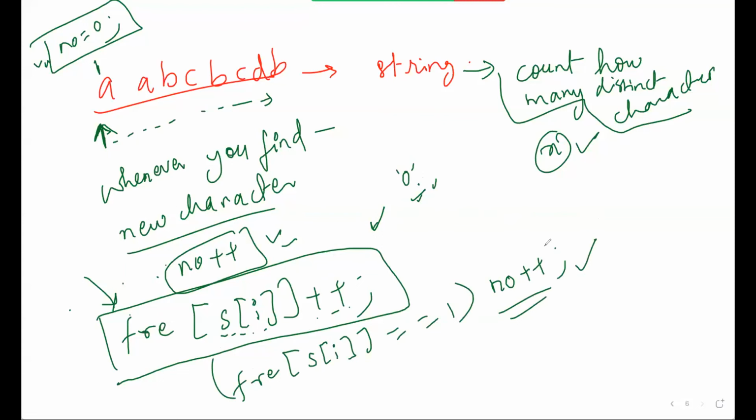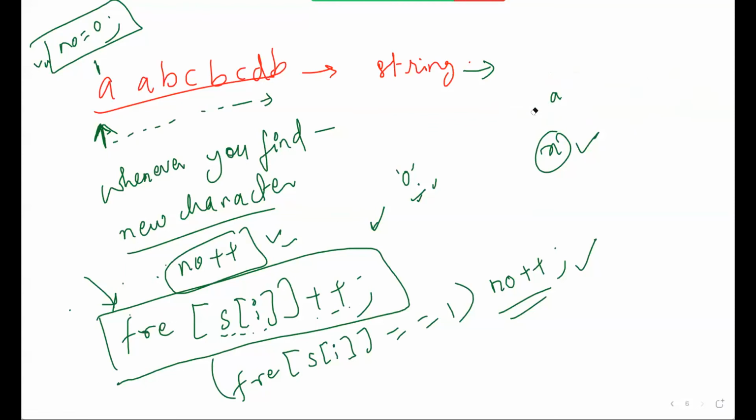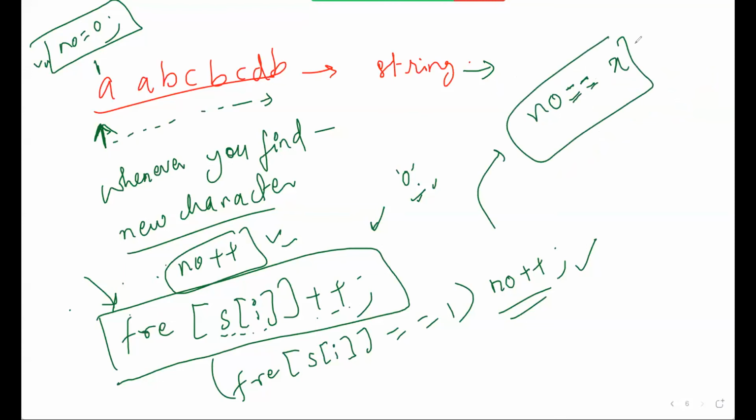Now let us go to part 2. When your number becomes equal to x, and I already told you what x is, the total number of distinct characters in your string, it means you can consider all the values from your start point till this particular index I. Initially this start point is going to be at 0.